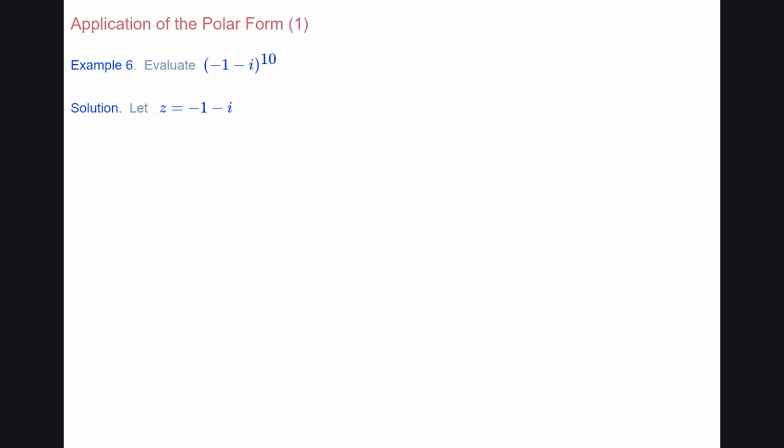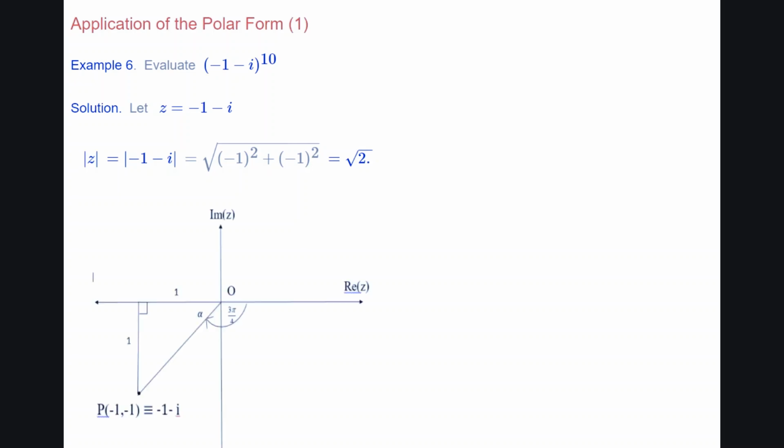First of all, we'll let z equal minus 1 minus i. Therefore, the modulus of z will be the square root of minus 1 all squared plus another minus 1 all squared, which is the square root of 2. Now, to get the argument, we draw a diagram, and we'll let alpha be the acute angle between the real axis and the hypotenuse OP.